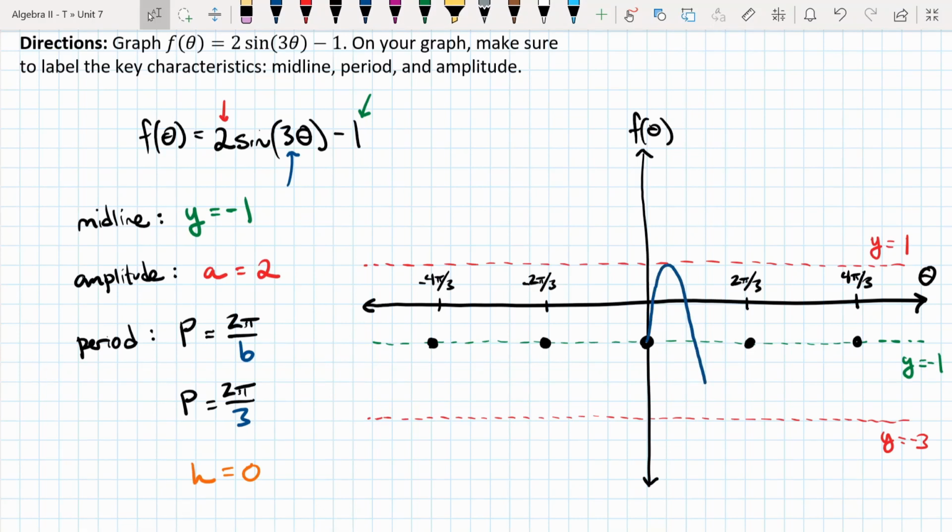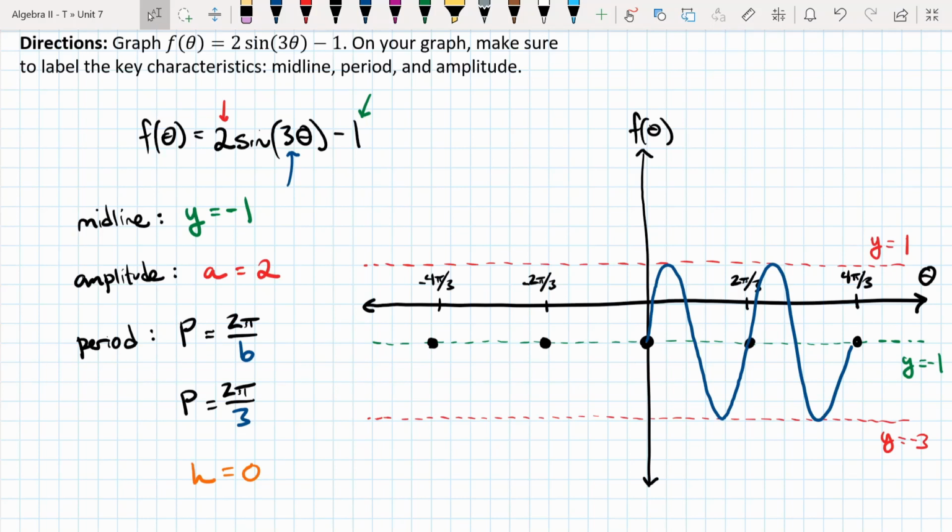That means hit the maximum and the minimum and come back to where it started from 0 to 2 pi over 3. So from 0 to 2 pi over 3, it completed one entire cycle. Hit a maximum, a minimum, and return back to its original location. Once it hits 2 pi over 3, it's going to repeat the same pattern. Go up, down, and then return to its original y value.